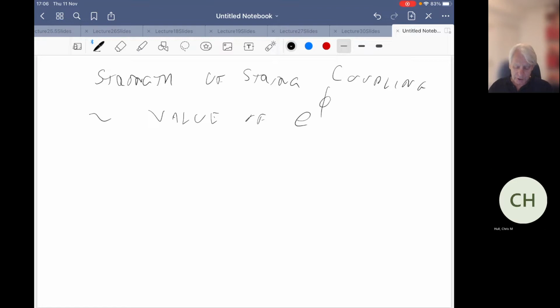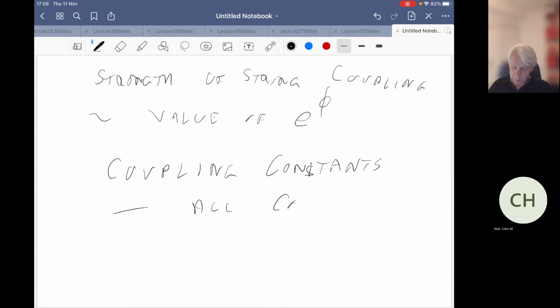And this is a general feature in string theory, that the coupling constants, and I'll say more about what these are in a moment, all come as vacuum expectation values of scalars.